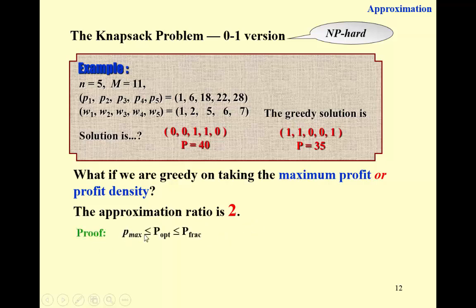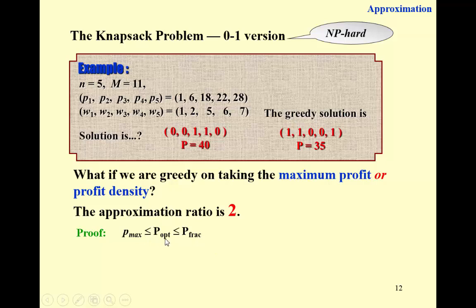First of all, the largest profit, for example, this 28, must be bounded above by the optimal solution. This is obvious, right? Since packing this one is also a solution, just may not be the optimal solution. So it's smaller than or equal to the optimal solution, right?